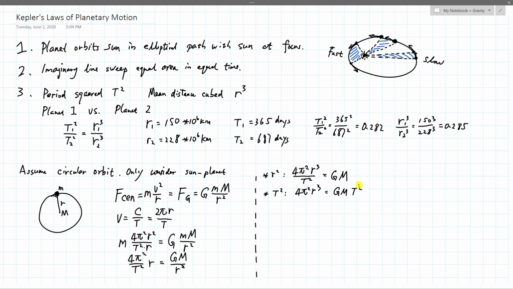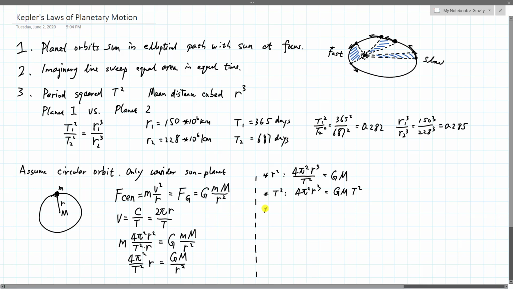And then if I divide out the gm, or multiply by 1 over gm, I get 4 pi squared over gm r cubed equals t squared.